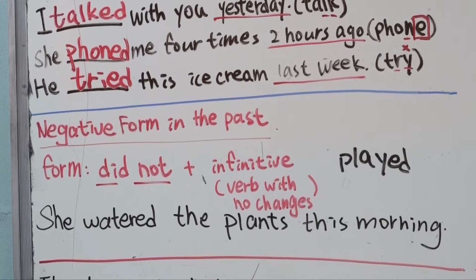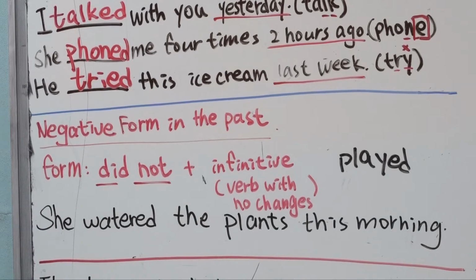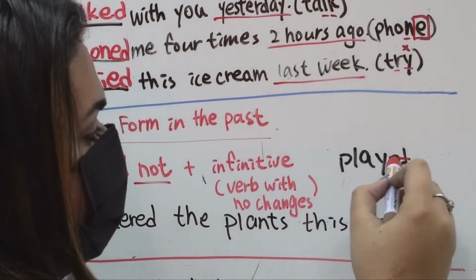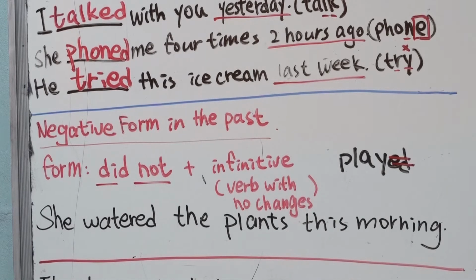Okay, played is an action, right? It is a verb. But I don't want to make any change to the original form of the verb. So what I have to do to make this verb infinitive, I have to cross out this. Then it becomes infinitive, right?